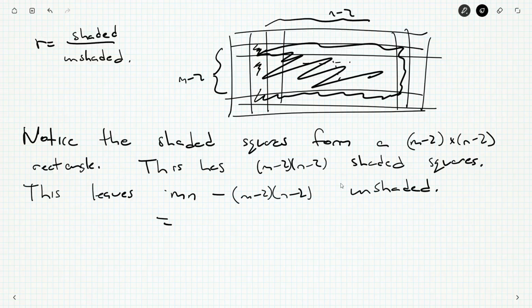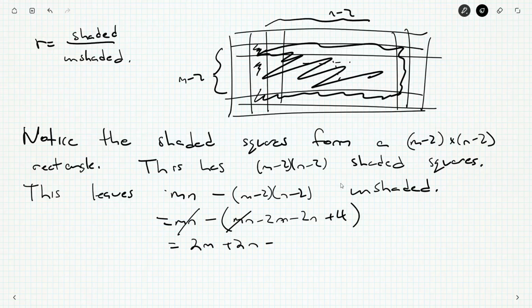Well, we can simplify this expression a little bit, I think. mn minus, and this is m times n, use FOIL, 2m minus 2n plus 4. So those are going to cancel, and then we're going to be left with 2m plus 2n, and we've counted the corners twice, so we can subtract off the 4 corners.